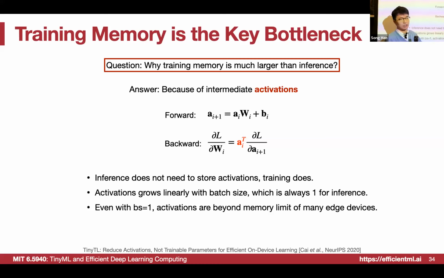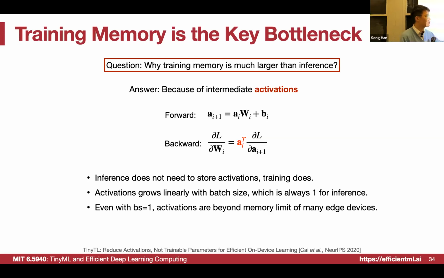Unlike inference, in the backward pass, when we are trying to calculate the gradient to the weight, the activation of that layer is needed. So we have to store the activation during the forward pass so that in the backward pass, that activation will be used. Inference does not need to store all the activations, but training does.